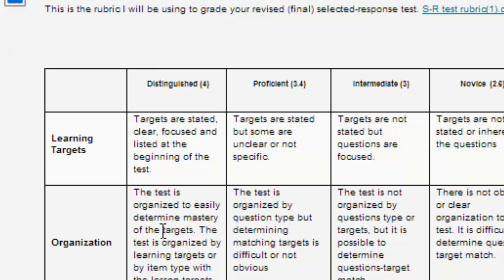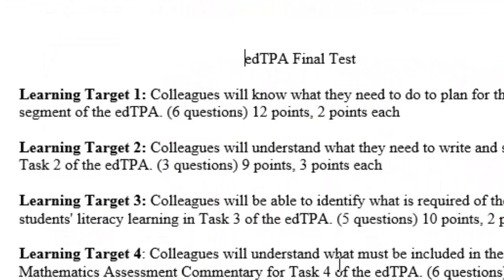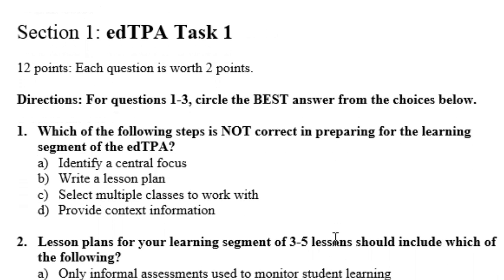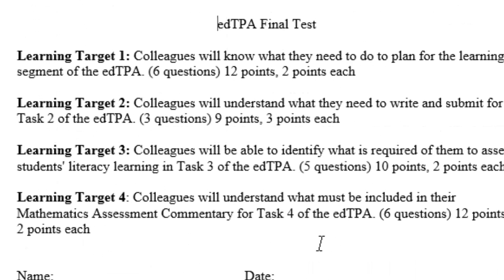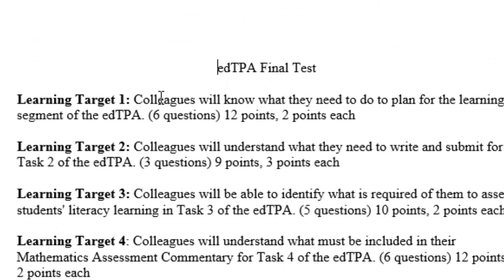Okay, it has to be organized. You'll notice that in this one, this person organizes them by EdTPA task number 1. But the most important thing is that you need to be able to go in and see learning target 1. So my recommendation would be organize it by learning target.